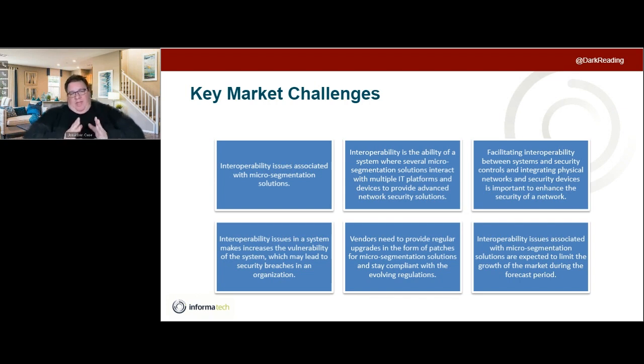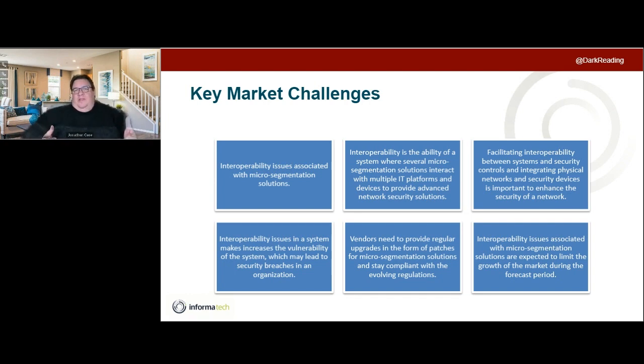When I think about interoperability, well, without it, and the phrase I've always used is that we are giving openings, we're giving opportunities to an attacker, if you like, to insert a chisel into our security framework and crack it open. And as I say, the polite way of saying that is that it increases the vulnerability of the system, which leads to security breaches in an organization.